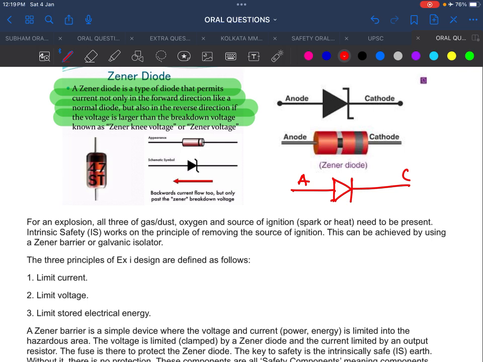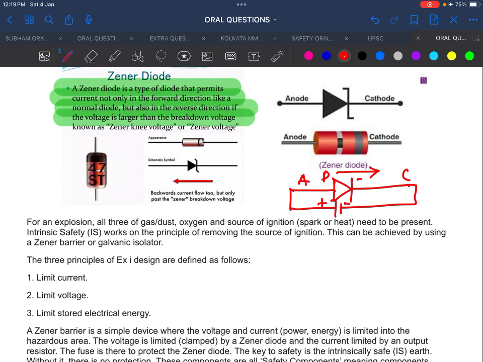When we give supply like this, positive battery terminal connected with the positive side and negative with the negative, there is a current flow in this direction, from anode to cathode. So it helps in the flow of current. It can control the flow of current, and with the help of a diode you can convert the AC signal into a DC signal.